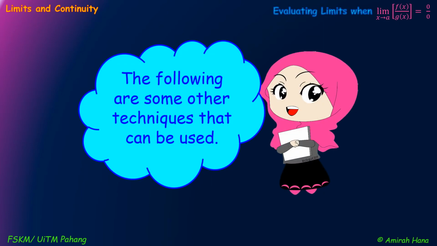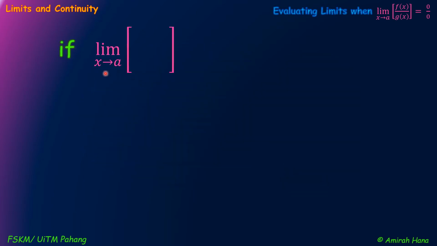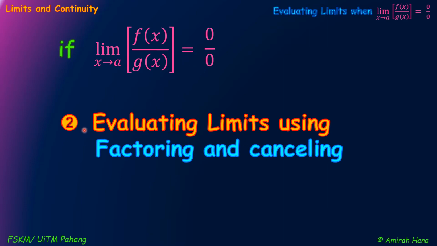The following are some other techniques that can be used. If the limit of f(x) over g(x) equals 0 over 0, we can evaluate using this technique. Method 2, evaluating limits using factoring and cancelling.